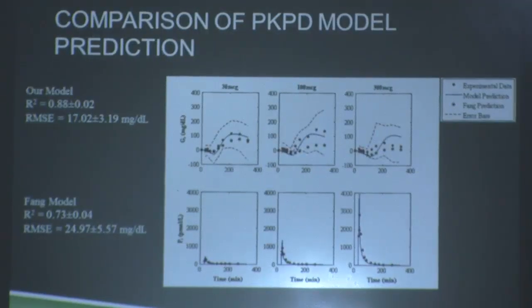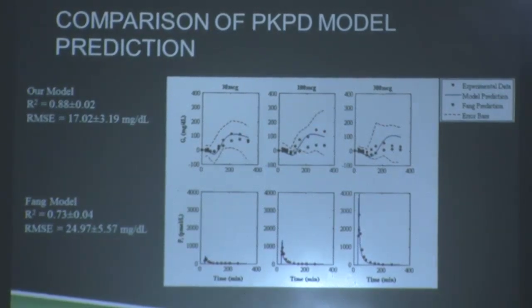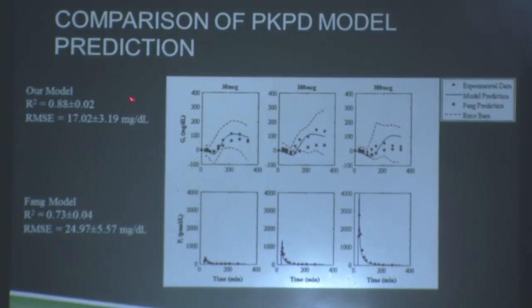And finally, we did a comparison of our model to Planck's intravenous model. This is for 50 micrograms, and as you can see, our model does better than Planck's for 50 micrograms. 100 as well, surpassing Planck's.